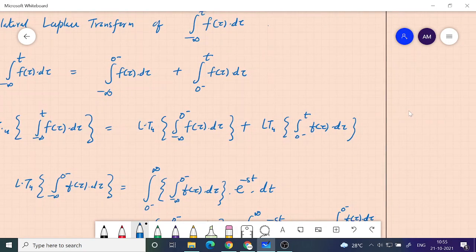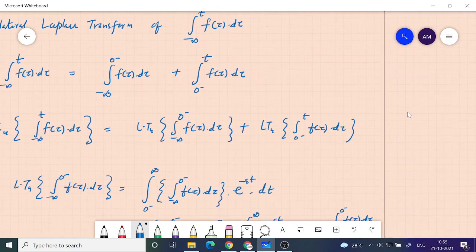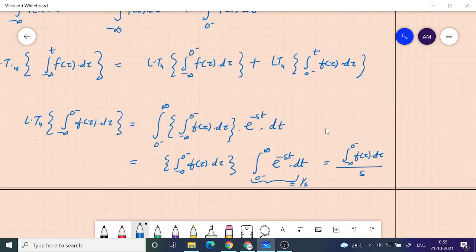Now the second part is not a constant, because there is t in the upper limit of the integral, and we are integrating from 0 minus only, and our t integral in the Laplace transform definition is also for t greater than 0 minus.